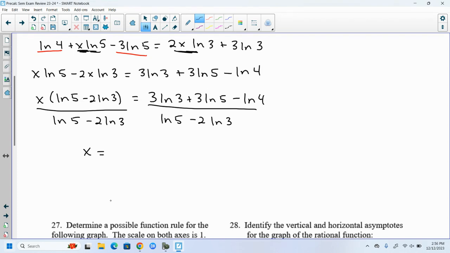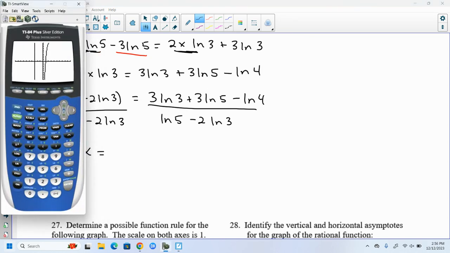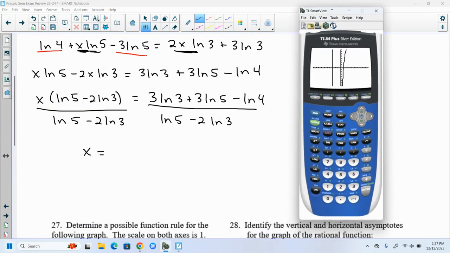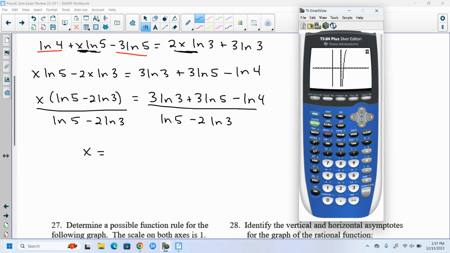Now this is where we use your calculator to get the approximate answer. And you got to put the whole numerator in parentheses. I don't like to type everything in at once.